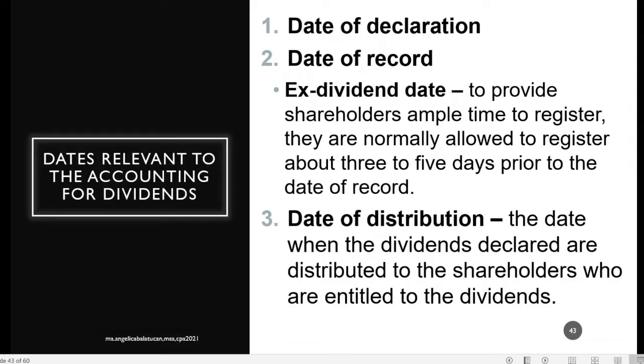Then the date of record, it is the date on which the stock and transfer book of the corporation is closed. So only those who are listed as of the date of record are entitled to receive the dividends. Then we have the date of distribution. It is the date when the dividends declared are distributed to the shareholders who are entitled to the dividends.